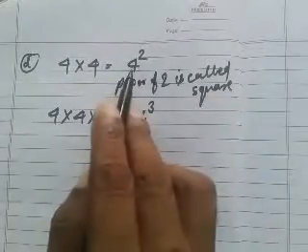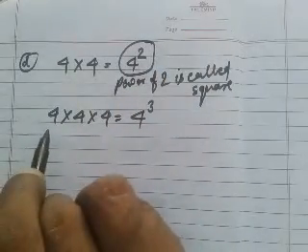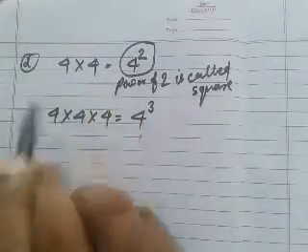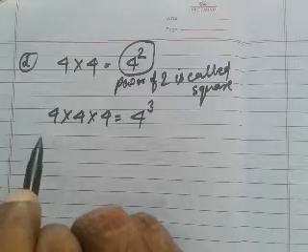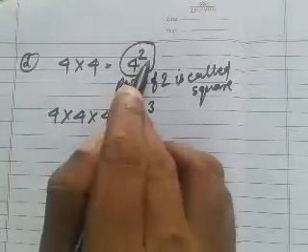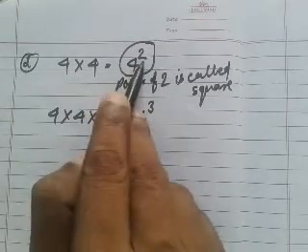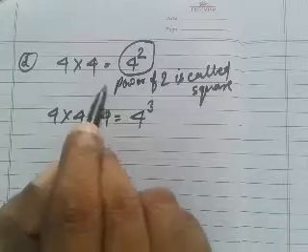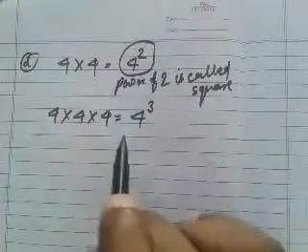So we can read 4 raised to the power 2 as 4 square.